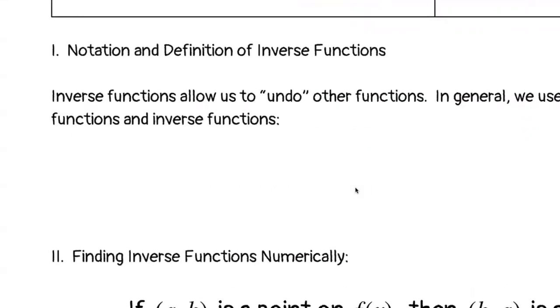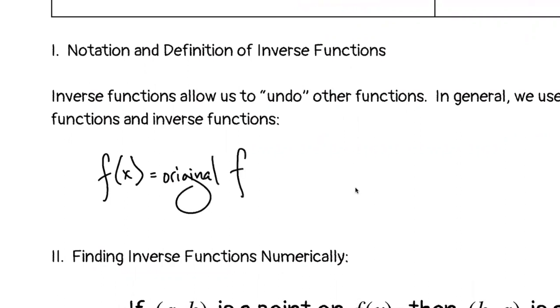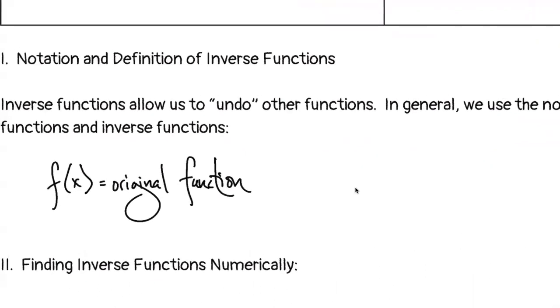Now, in general, we're going to use the following notation to describe functions and inverse functions. And so we know that if we have a function, maybe we write it as f of x, this is what we're going to refer to as the original function. So f of x typically refers to the original function.